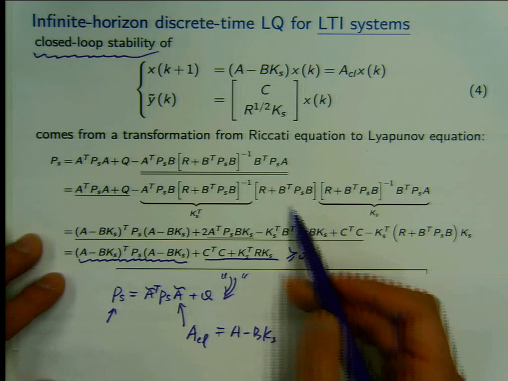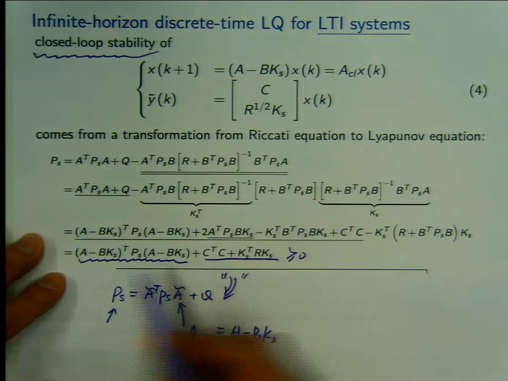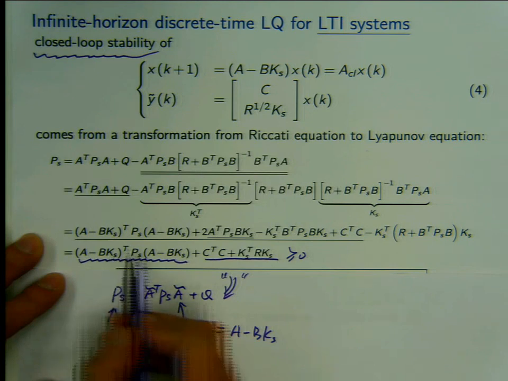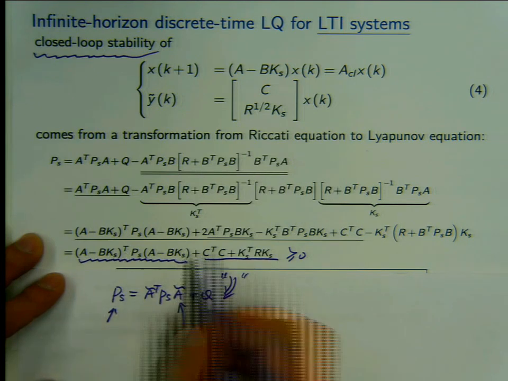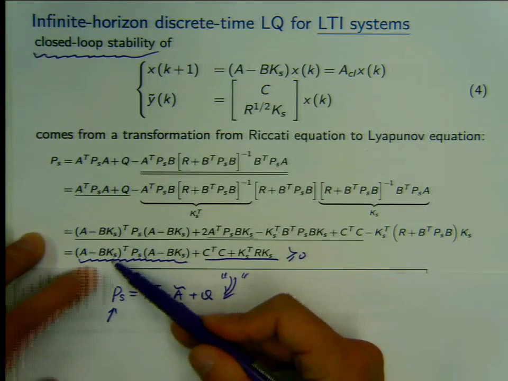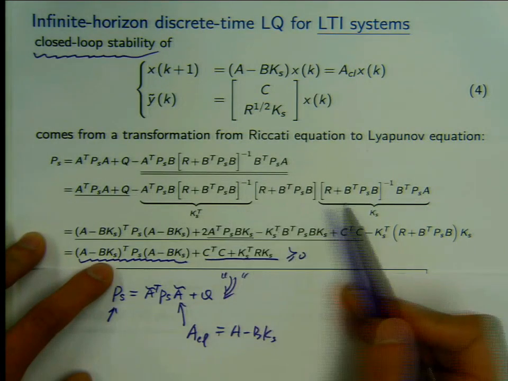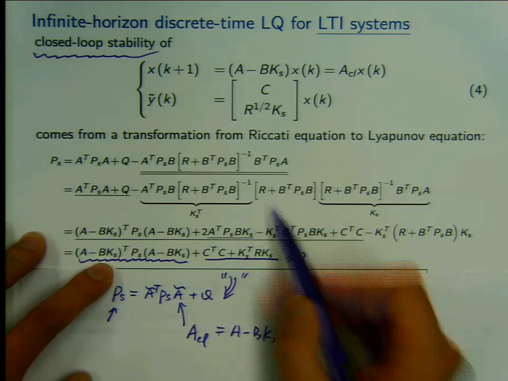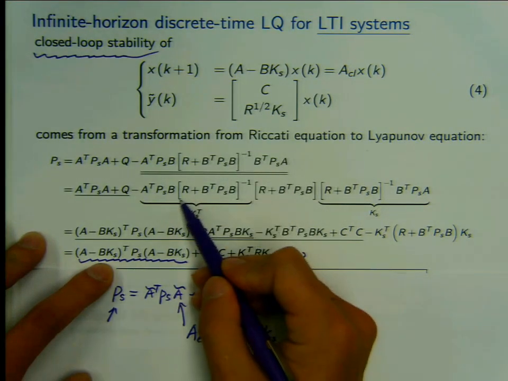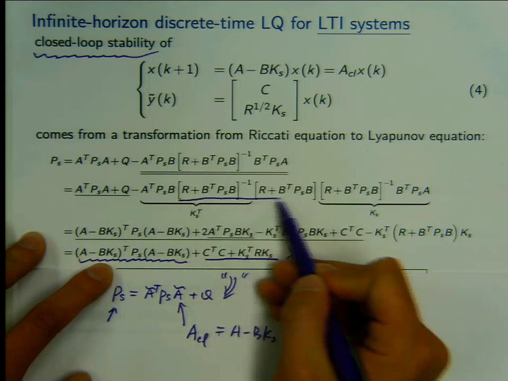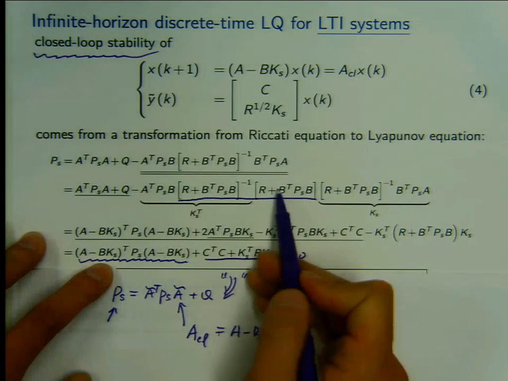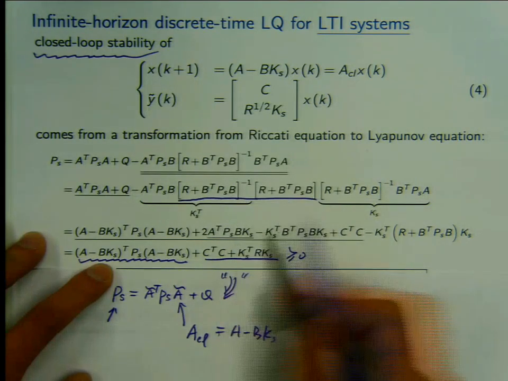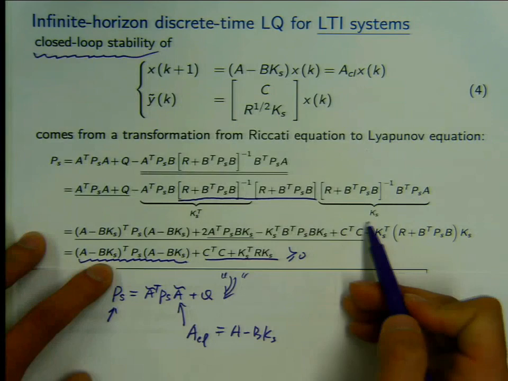These details are doing nothing but, first of all, in the goal I want something like Ks transpose Ps Ks. So I have to somehow generate a quadratic term of Ks. This is what's happening here. From the first step to the second step, I'm adding this term and the inverse of this term to make this term occur twice.